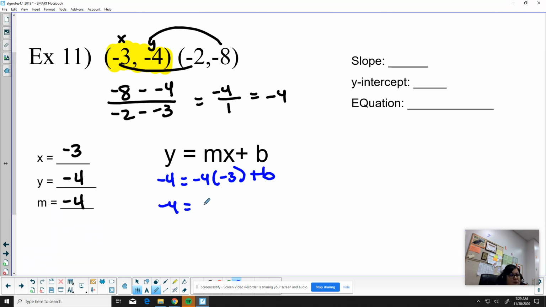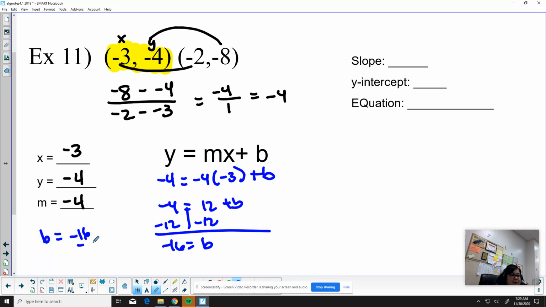So -4 equals 12 plus b. Then I subtract 12 on both sides and get -16. So my b is -16. Okay, so my slope was -4. My y-intercept is -16. And if I write the equation, y equals -4x minus 16.